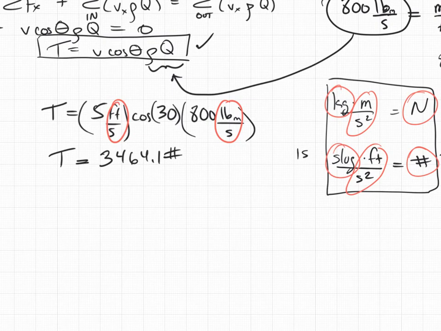So then we're going to type it in, and we're going to get 24.845 slugs per second.